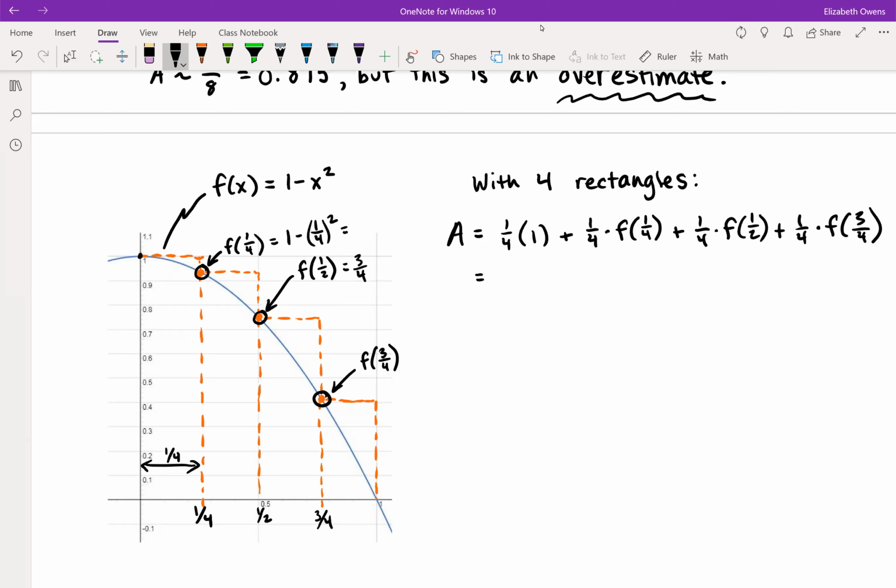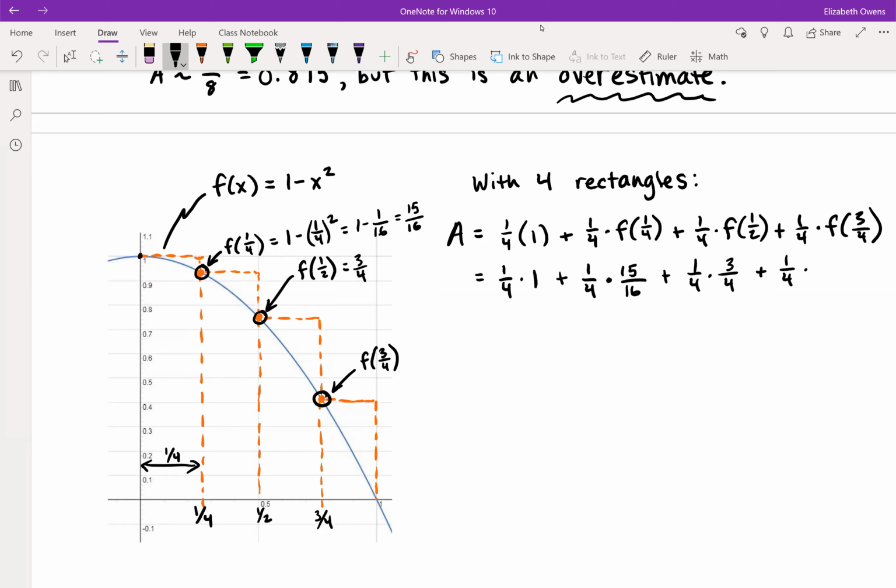So we have 1/4 times 1 plus 1/4 times f of 1/4. You can see I started plugging that in up here. We'd have 1 minus 1/16. That would be 15/16 for that y value. 15/16. There we go. 1/4 times f of 1/2, which is 3/4.